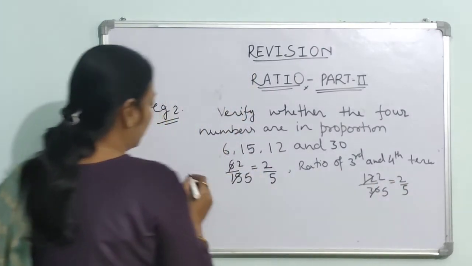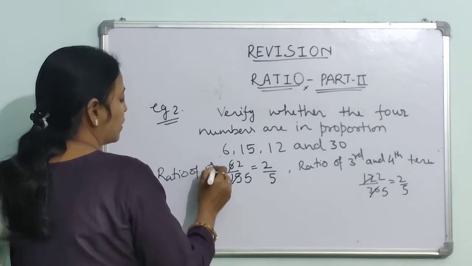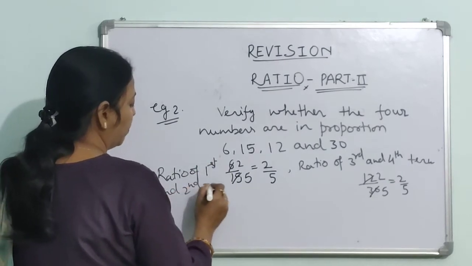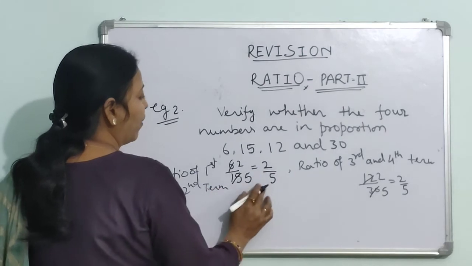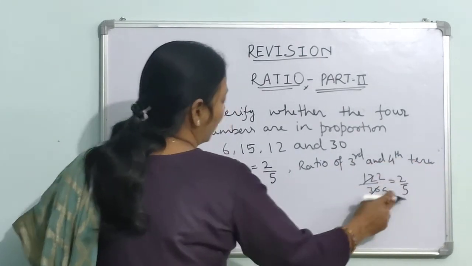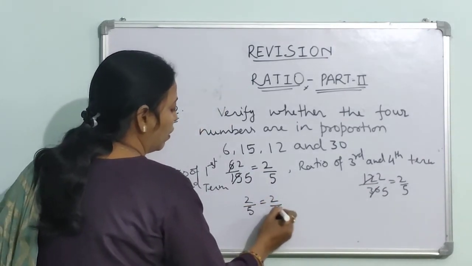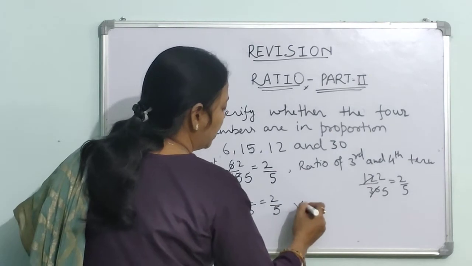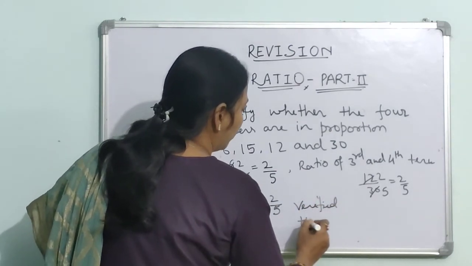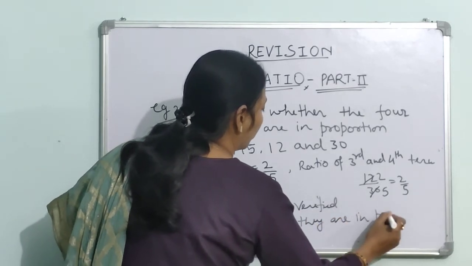So here you can see the ratio of the first and second term is equal to 2 by 5, and the ratio of the third and fourth term is also 2 by 5. So both are equal. Verified, they are in proportion.